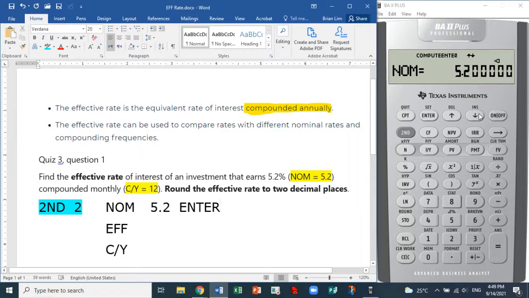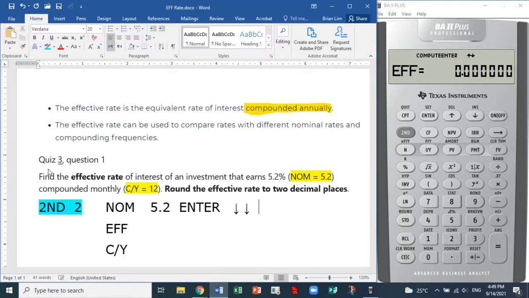Then we go down and we see EFF. Well, we will have to pass on that, because we are looking for that value. Then we go to the CY value.